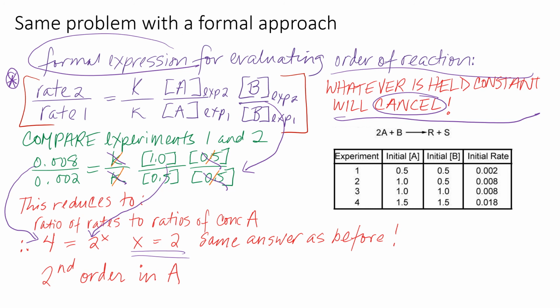You may find that your exponents are non-integers. That makes things a little more complicated. You start having to take the log of both sides in order to solve your equation. And there are other scenarios for more advanced problems where you're going to find this more formal expression handy.